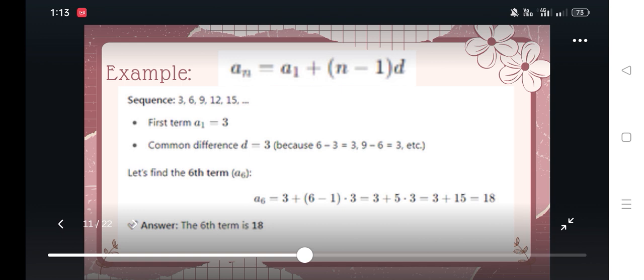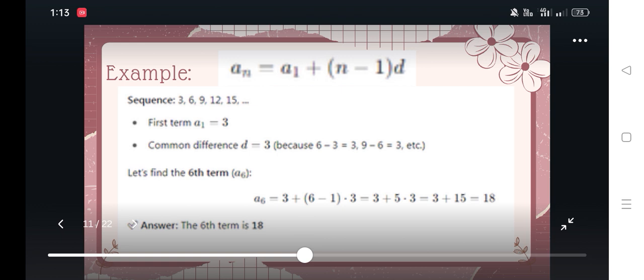Let's proceed. So, nth term. Ang gipangita kay 6th term man. So that would be, our 6th term is equal to 3, our first term, plus, kanina may formula. Follow the formula, okay?